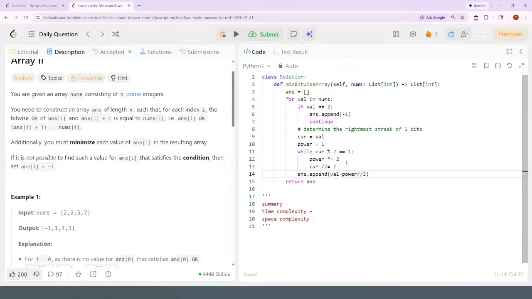Now the last bit is 1. Power times equals 2. Current shift over by 1. Man, this is really optimized. Value minus power divided by 2.